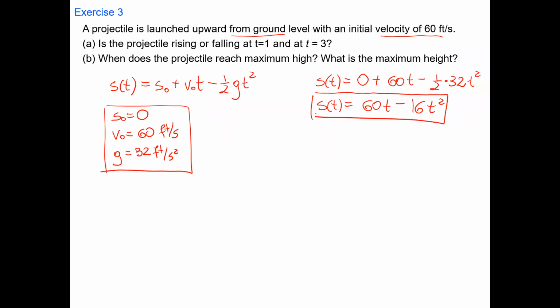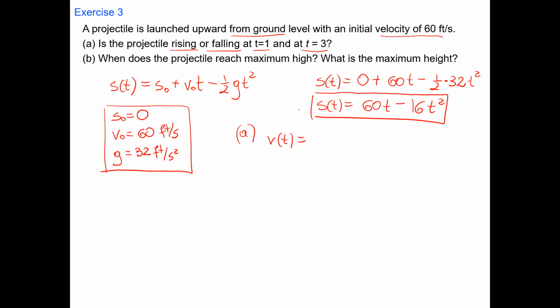Wow. And now that we do have an equation, part A is asking if the object is rising or falling at t equals 1 second and 3 seconds. We know that if the velocity is positive, the object is rising. If the velocity is negative, the object is falling. Okay, let's find the velocity.